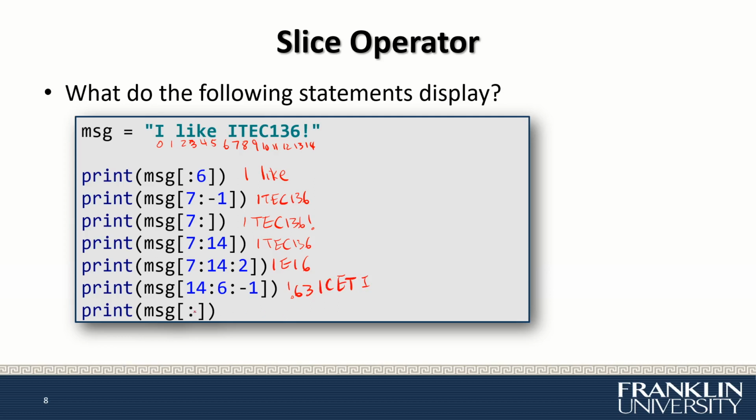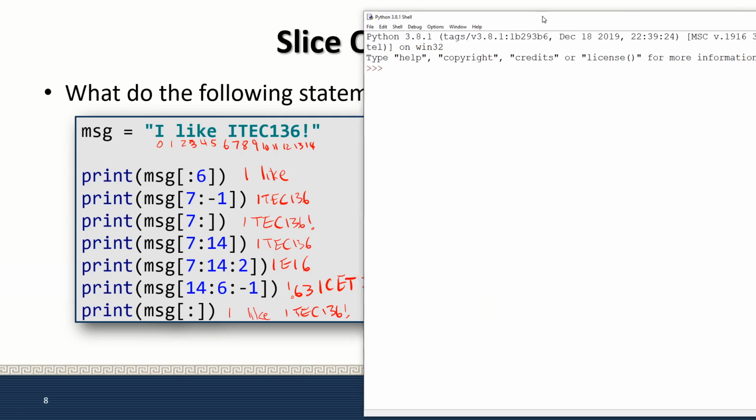And message[:] has no starting and no ending, so you will get the whole thing: "I like Itag136!". You can do this in what we call the Python shell, and let me run this for you. This is a Python shell.